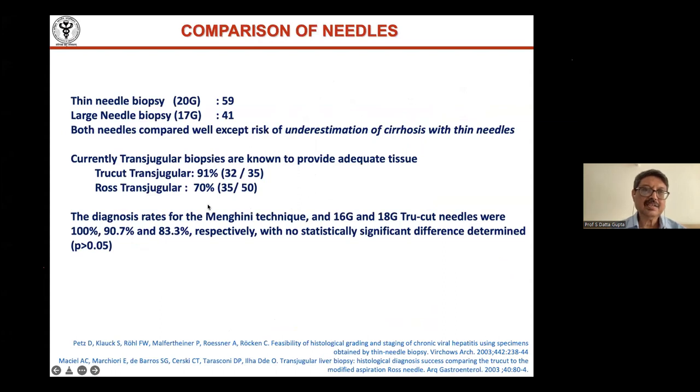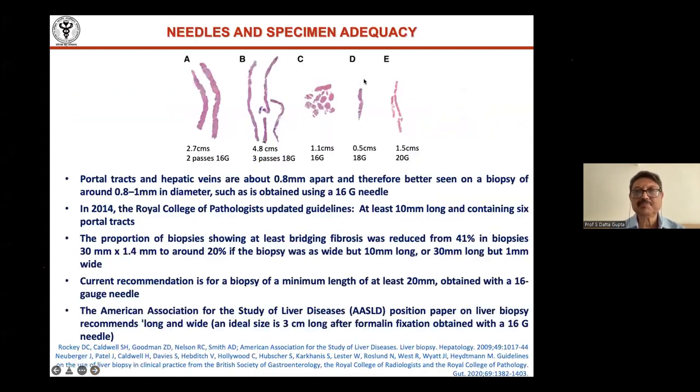And the other thing is the size of the needle is very important. Don't take small biopsies. For certain things, it's very important that you have an adequate length of biopsy.